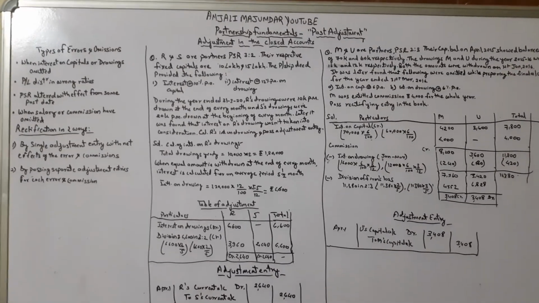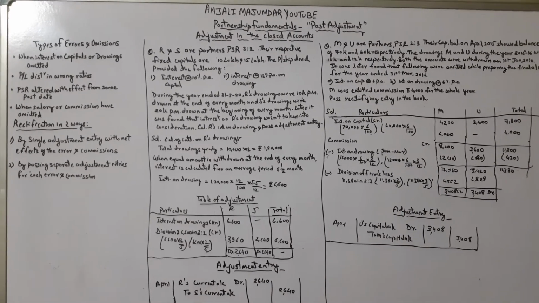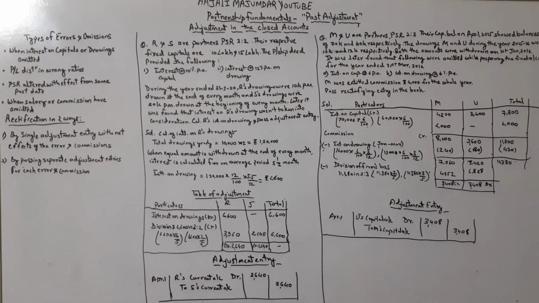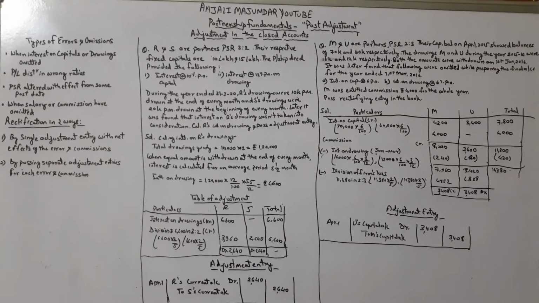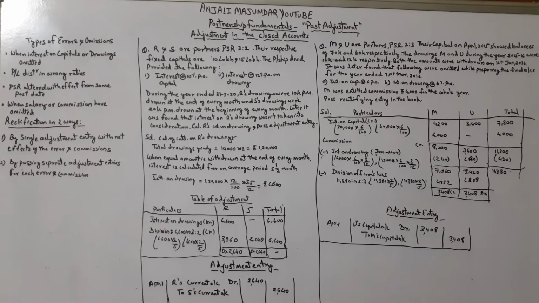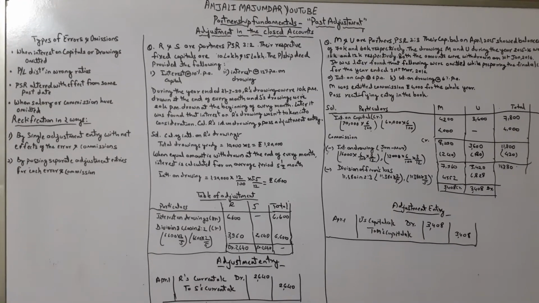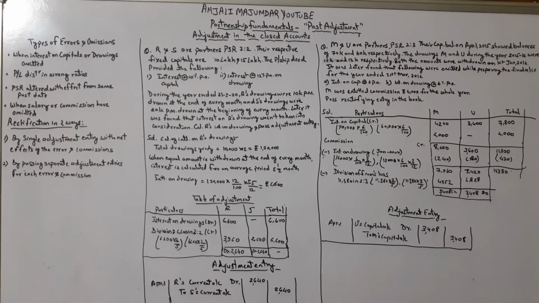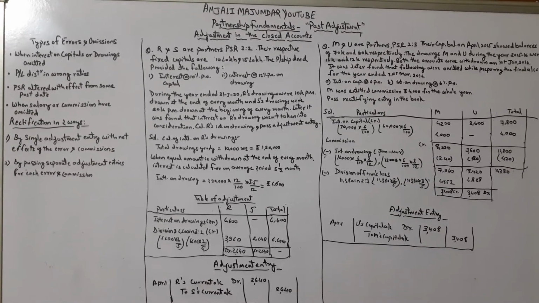Now let's have a look at how the questions come under such a category. The question is given to you in the middle. R and S are partners. Their profit sharing ratio is 3:2. Their respective fixed capitals are 10 lakhs and 15 lakhs, that means R's capital is 10 lakh and S's capital is 15 lakhs.